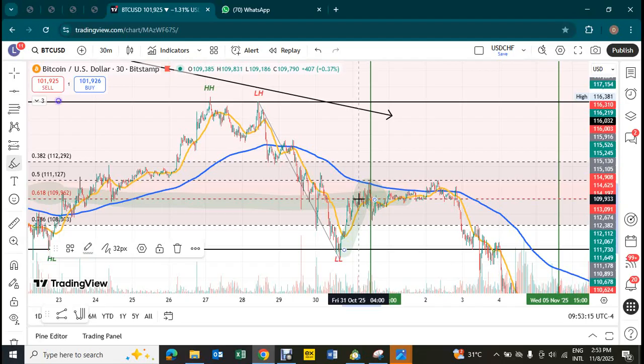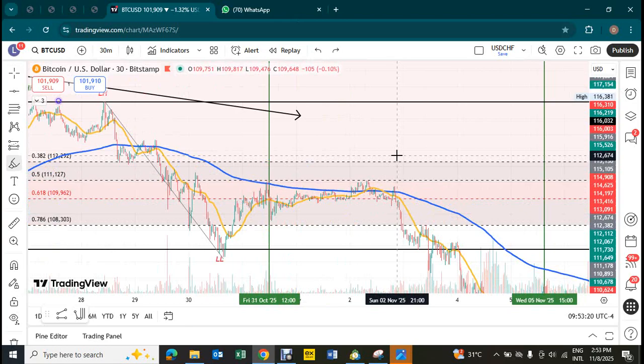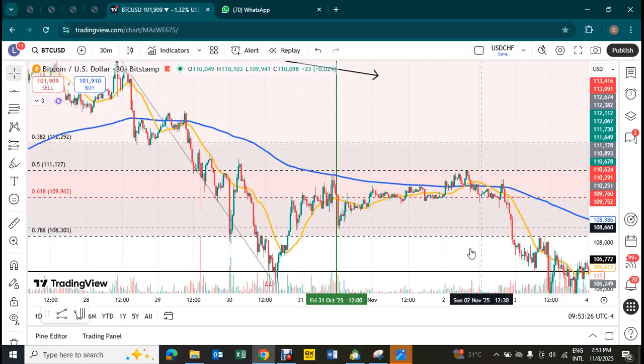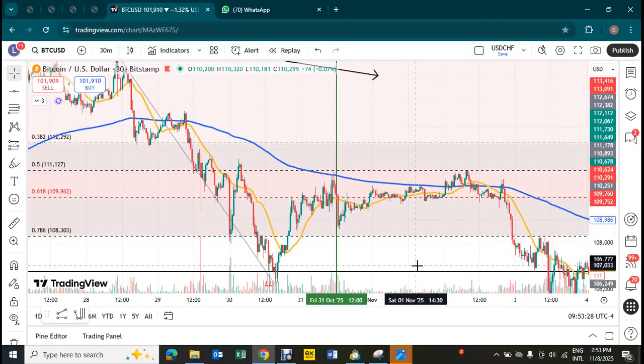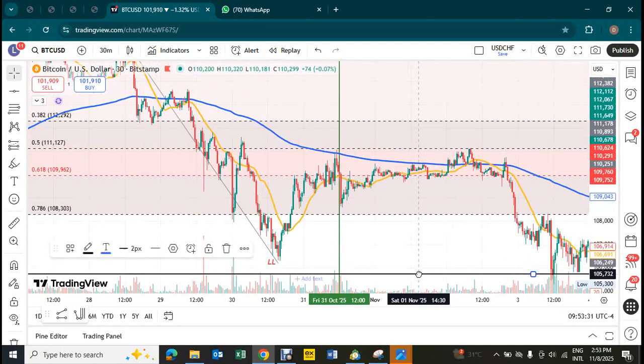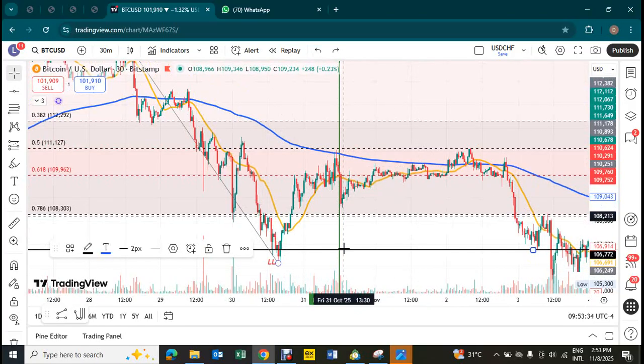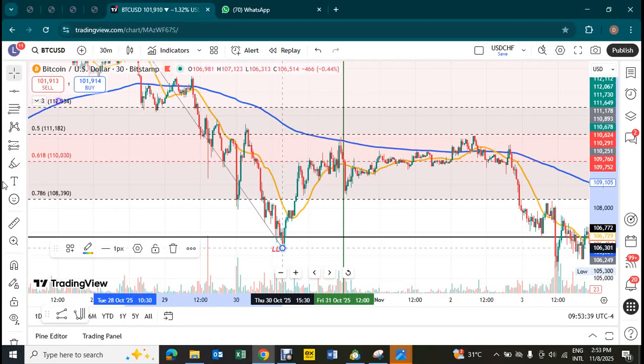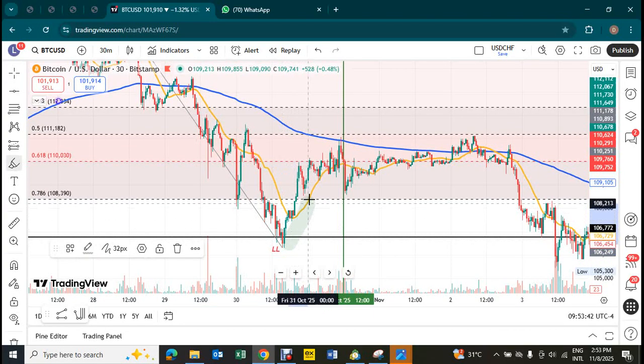Also, to add, just for example, if price comes from a lower high and does not touch this dash line for the 0.618, it shows us that it's not valid.